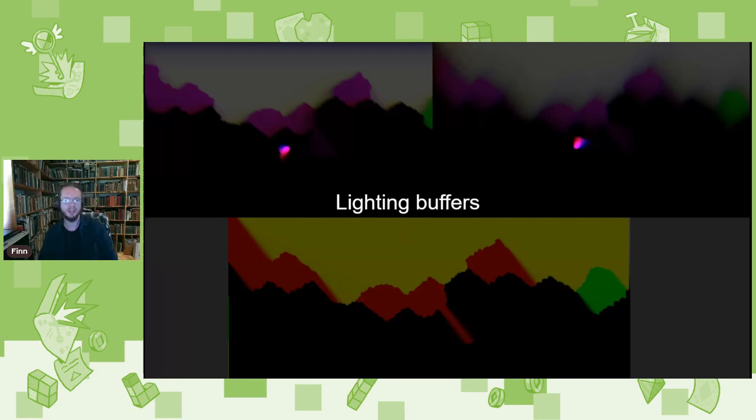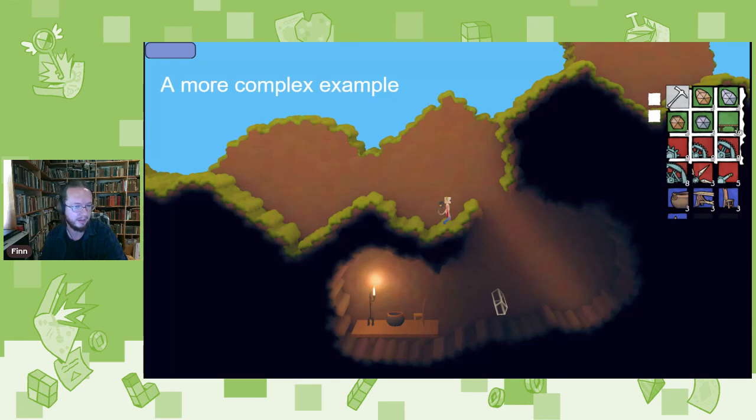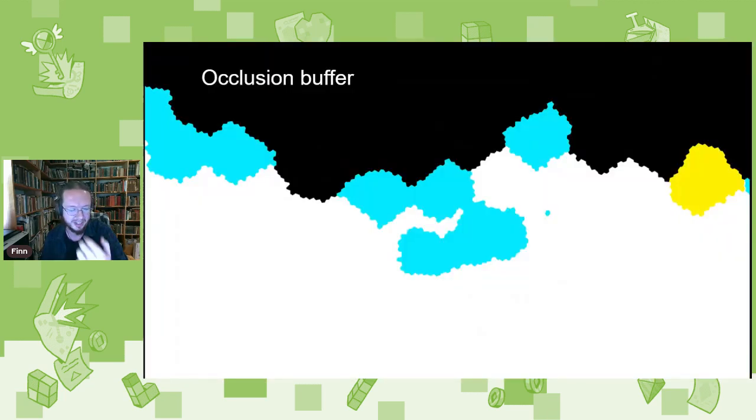One thing I will note here is that these images in Sunshine are much lower resolution than the other images. This scene was rendered at 1080p. This occlusion buffer, I think, is about 1080p. I forget, but it's reasonably high res.